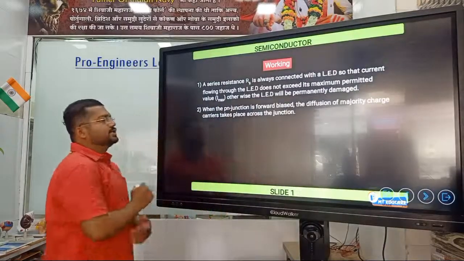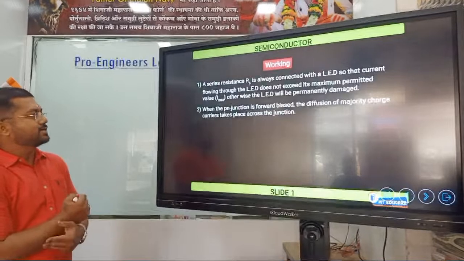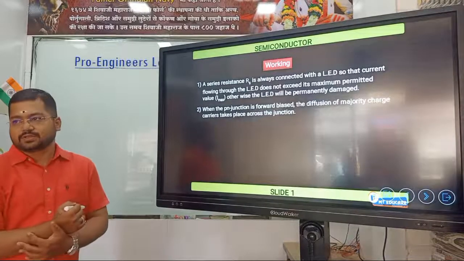When the PN junction is forward biased, the diffusion of majority charge carriers takes place across the junction.